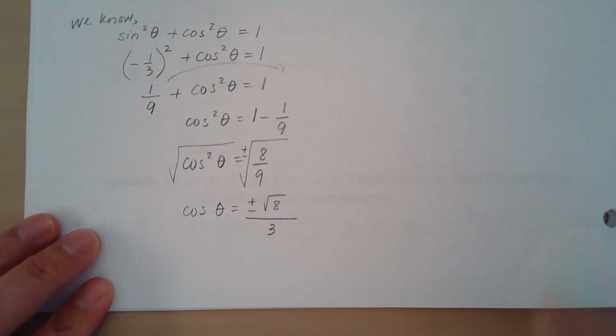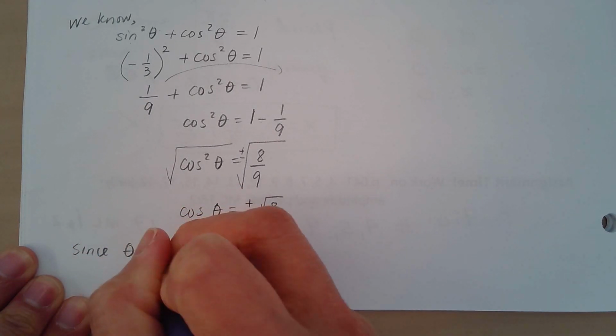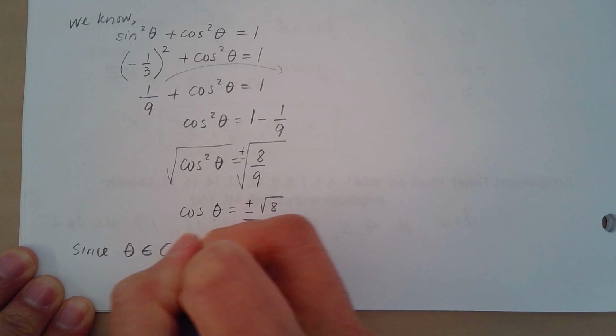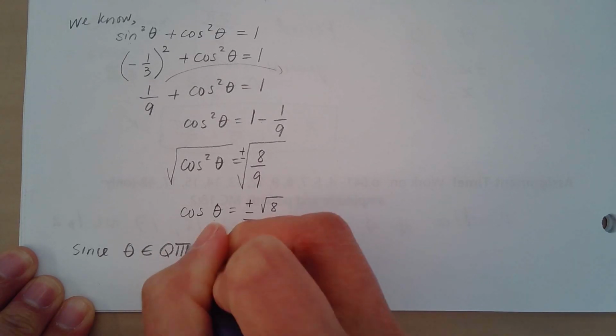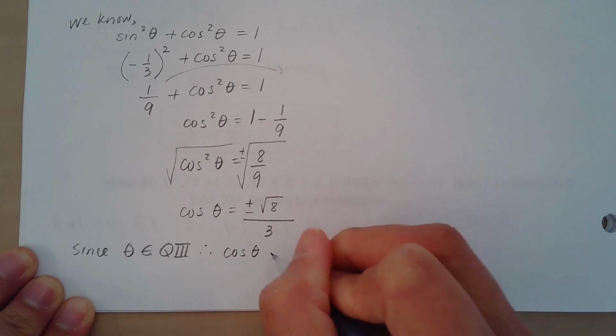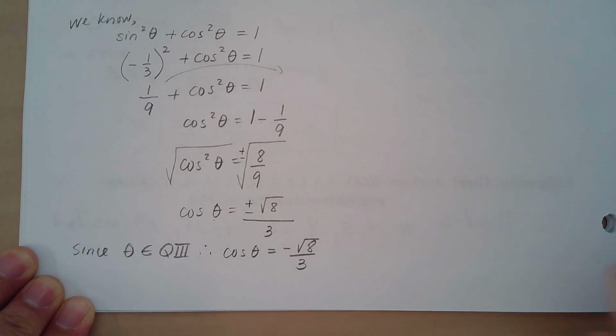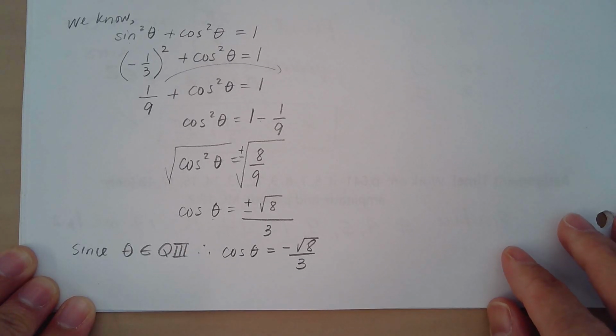So you can write that down. Since theta is an element of quadrant 3, therefore cos theta equals negative root of 8 over 3.